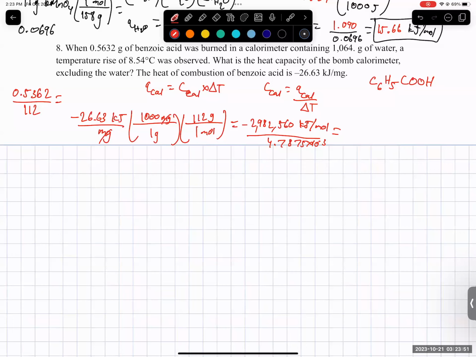Then here, we're gonna do 2,982,560 divided by 4.785 times 10 to the minus 3.